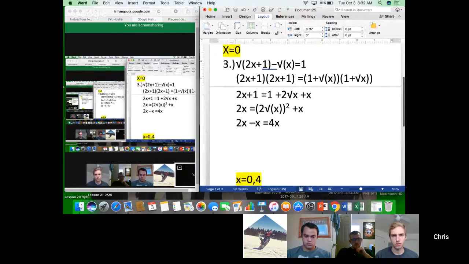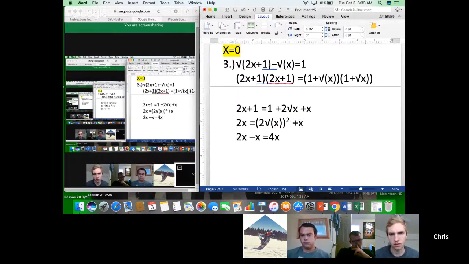Well, so it's square root 2x plus 1 squared. Right, square root. Wait a minute. If we're starting over, it's the square root 2x plus 1 squared. Oh, yeah.